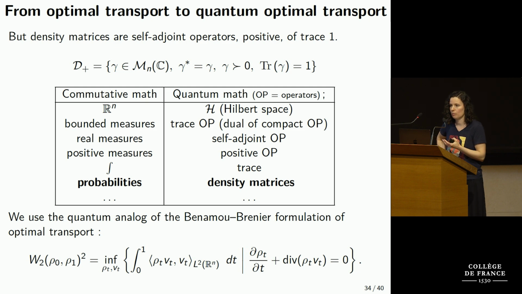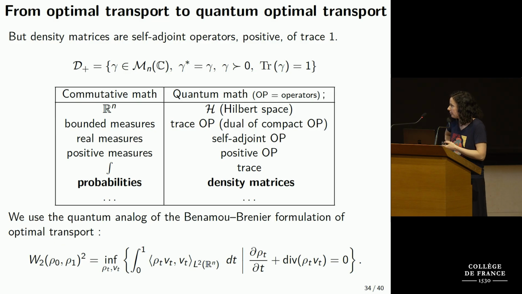But in the quantum case, this is not yet the case. At the moment, many people have proposed many different distances, which sometimes are not even true distances. So in our case, we focus on the quantum analog of the Benamou-Brenier formulation of optimal transport, because we were sure that this was leading to a true distance.